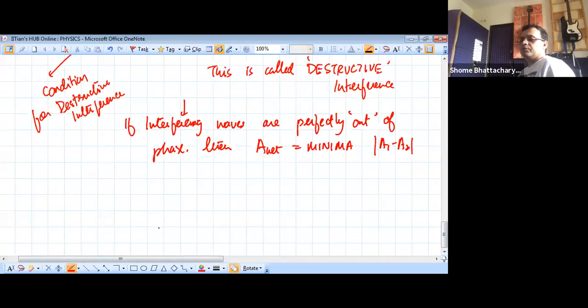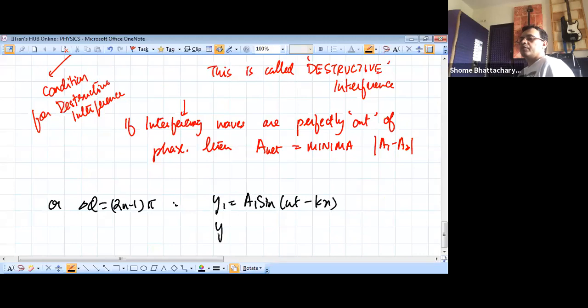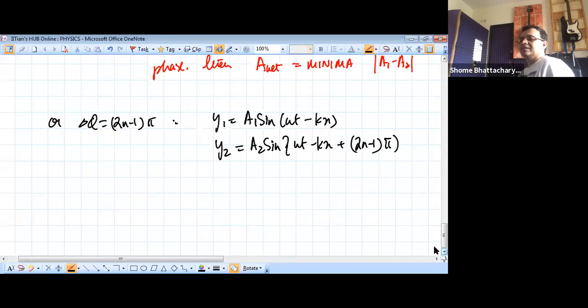How I'm saying perfectly out of phase is because delta phi being 2n minus 1 pi means that y1 being A1 sine omega t minus kx, y2 being A2 sine omega t minus kx plus an odd multiple of pi can be written like this: y2 can be written as minus A2 sine omega t minus kx.